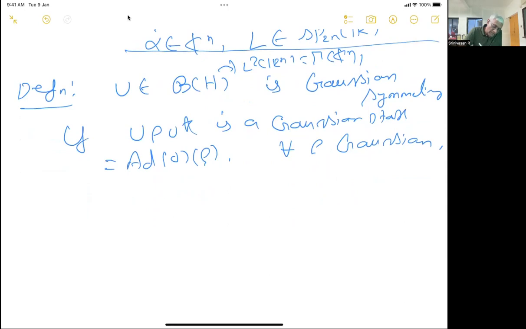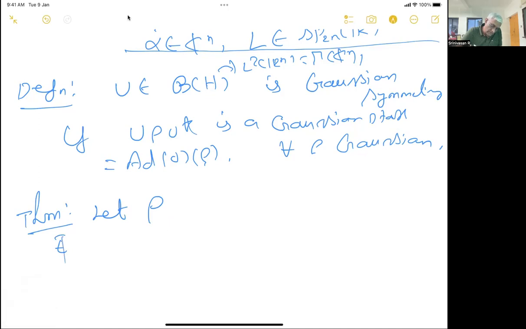So the theorem, or lemma or whatever, let's call it a theorem. We want to compute all u which fix the set of all Gaussian states of some particular form. So let rho_s bar be such a state.